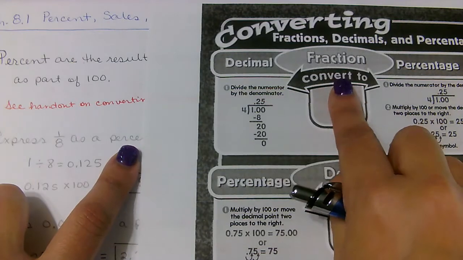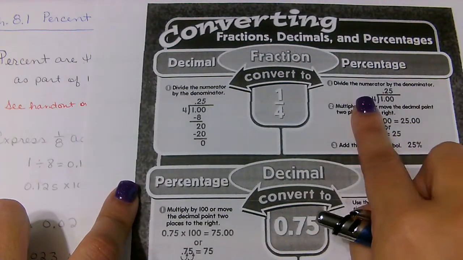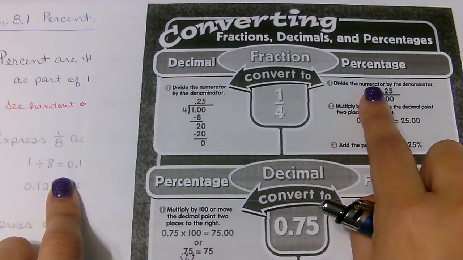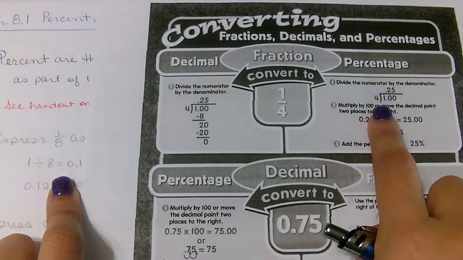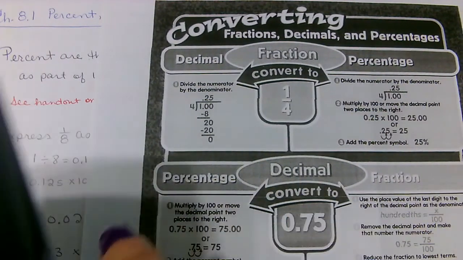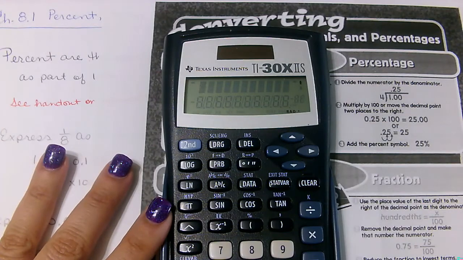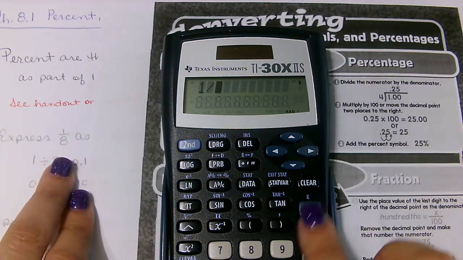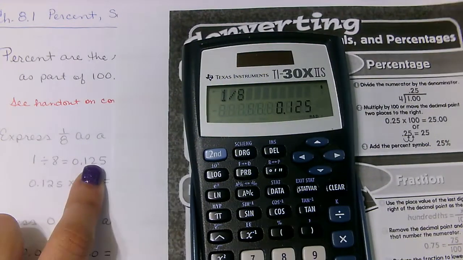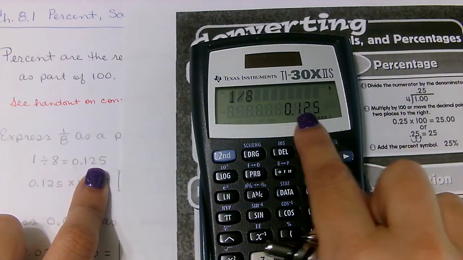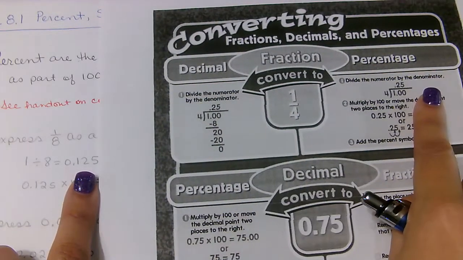So here's my fraction, convert to a percentage. I'm going to do what it says here. It says divide the numerator, that means the top number, by the denominator. Okay. All I would do is enter this into your calculator. So what we're going to do is do 1 divided by 8. Here I have, that's going to give us this decimal. But remember, we didn't want a decimal, we want a percent.